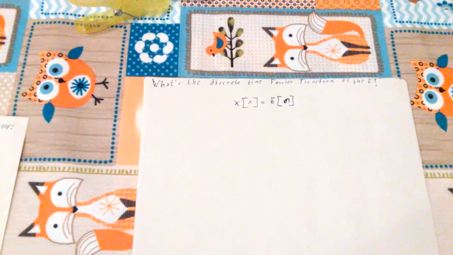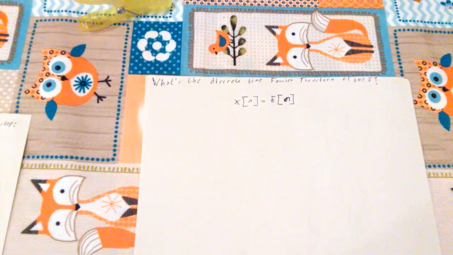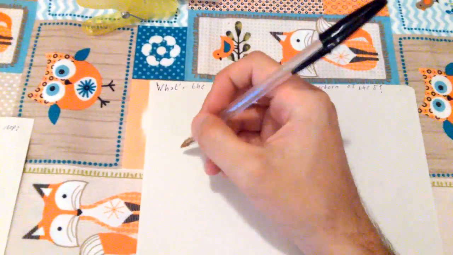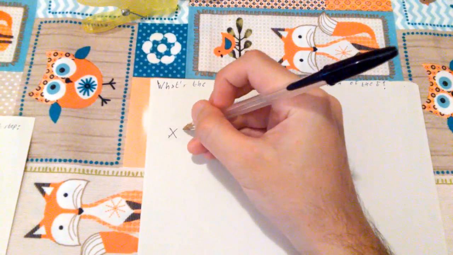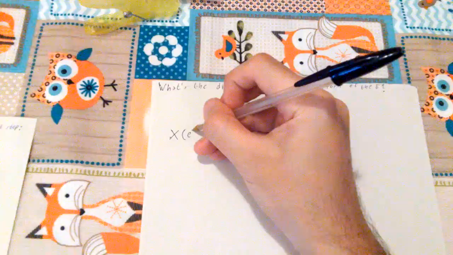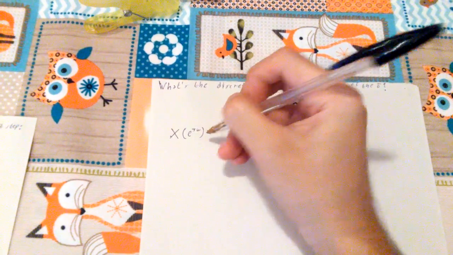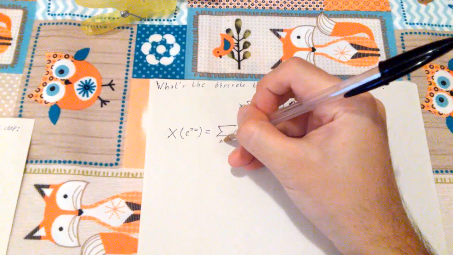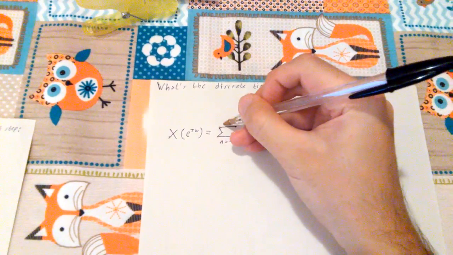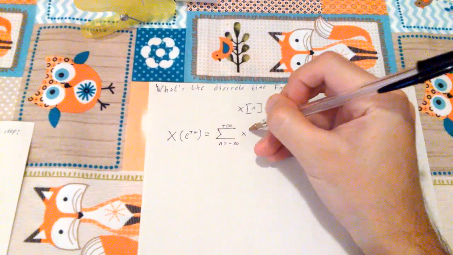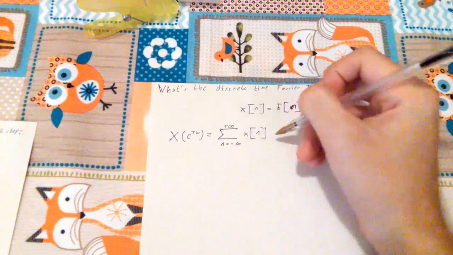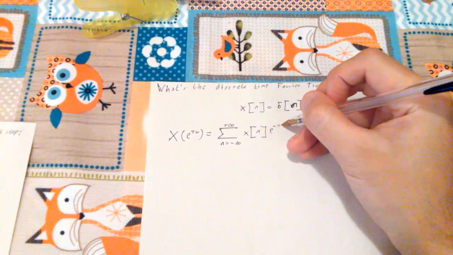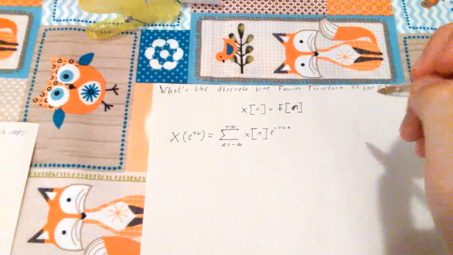So what do we do? As always, we start from the definition. So what's the definition once again? Well, the definition is X of e to the j omega equal to the sum of n that goes from negative infinity to positive infinity of x of n e to the negative j omega n.